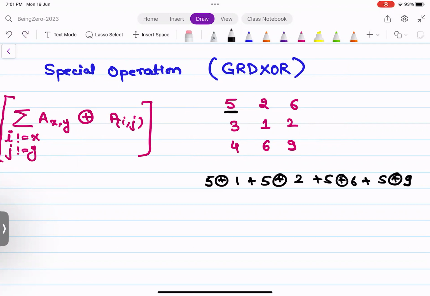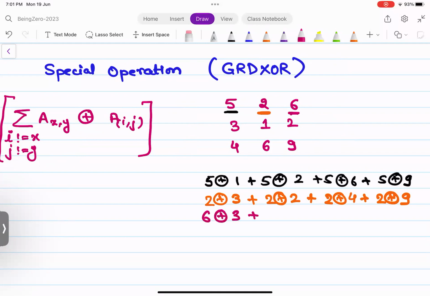Same way, help me write this expression for this 2. 2 XOR 3, 2 XOR 2, 2 XOR 4, 2 XOR 9. Okay, this is the second. Same way, for this 6: 6 XOR 3, 6 XOR 1, 6 XOR 4, 6 XOR 6.